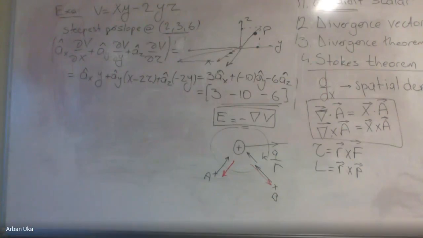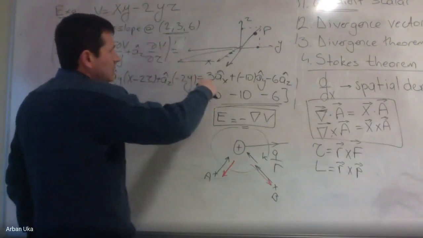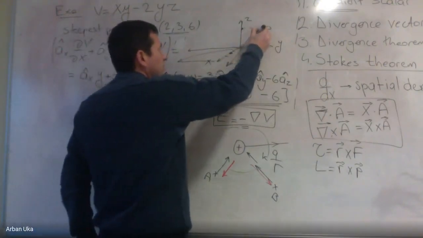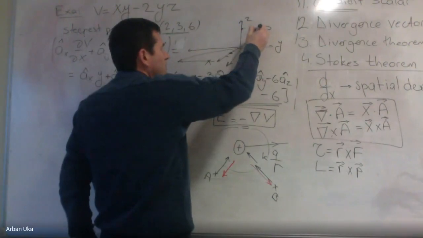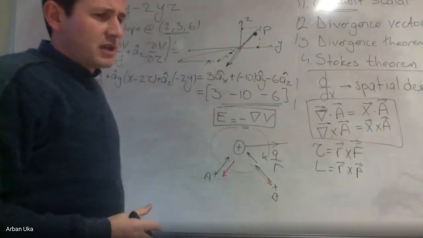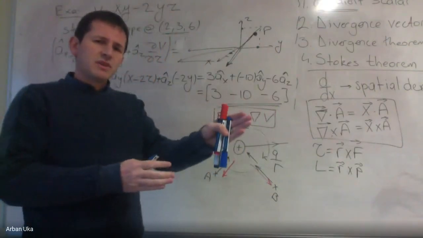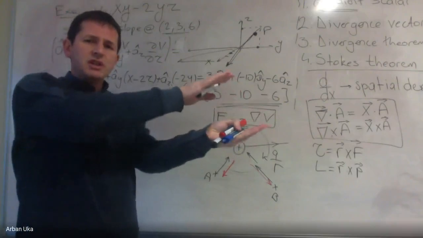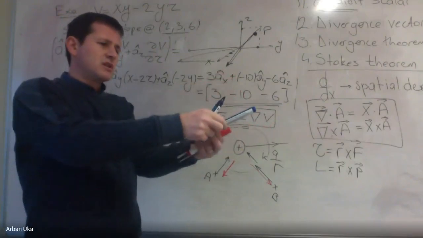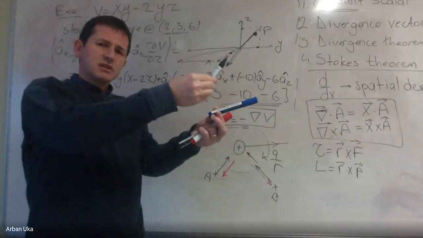Now, this potential V at this point has this maximum change. But at the same time, let's say that we have a vector quantity in some direction. Then we want to see, if the maximum change is along this direction, how much is the change along this axis, along this second pen?